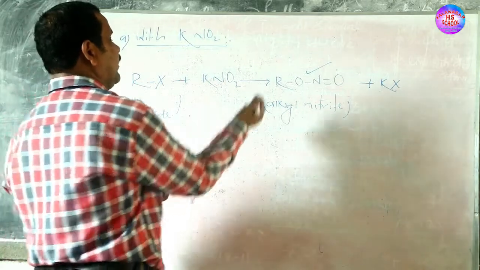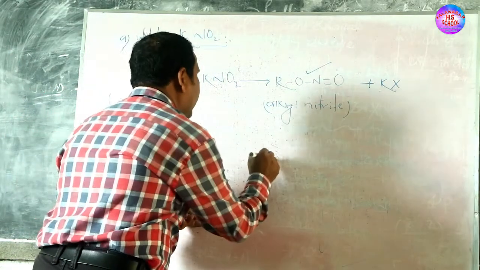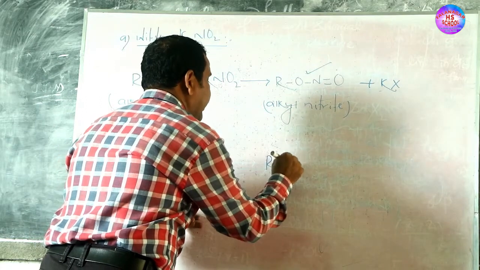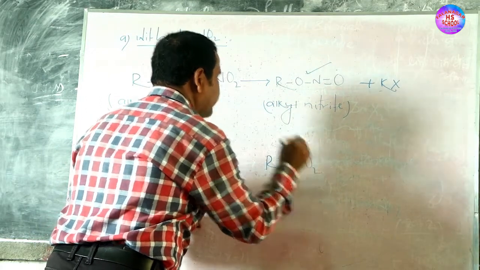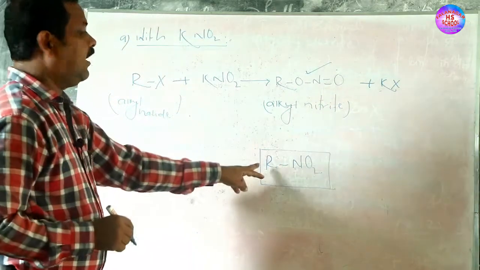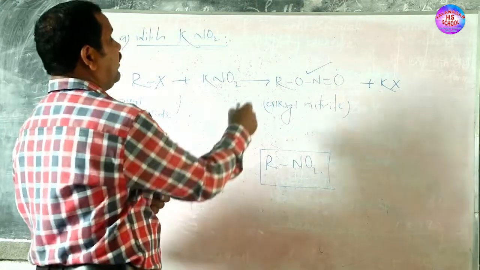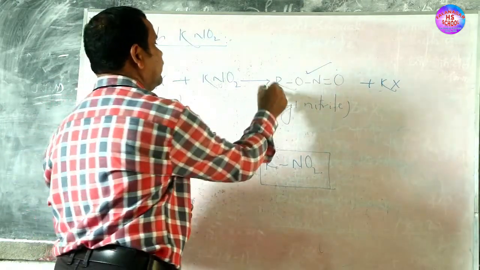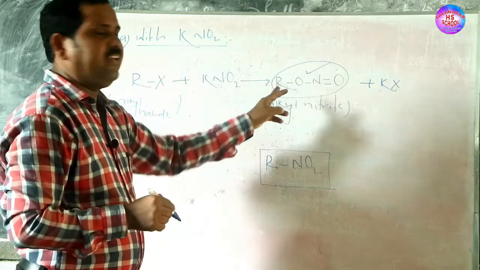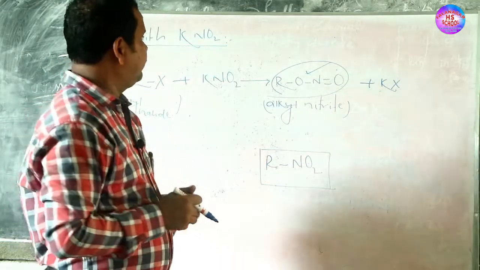So in that case, with silver nitrite we get R–NO2. It is called nitroalkane. RNO2 is called as nitroalkane. RONO is called as alkyl nitrite. So what is the difference?